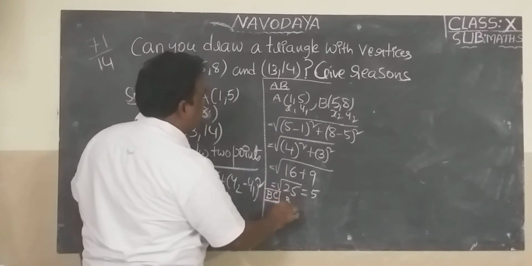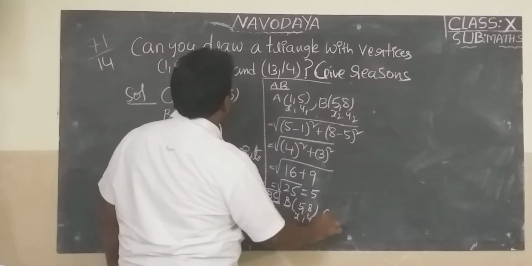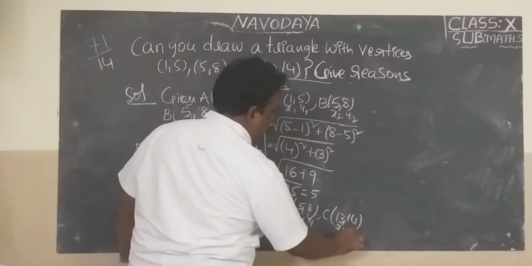Next, find the length of BC. B is (5, 8), let it be x1, y1. C is (13, 14), let it be x2, y2.